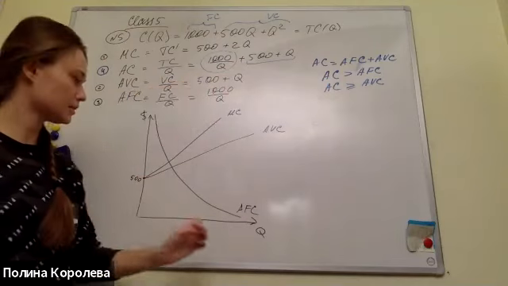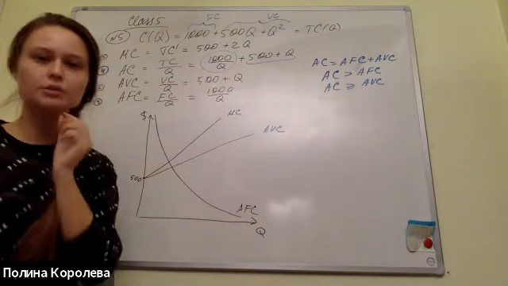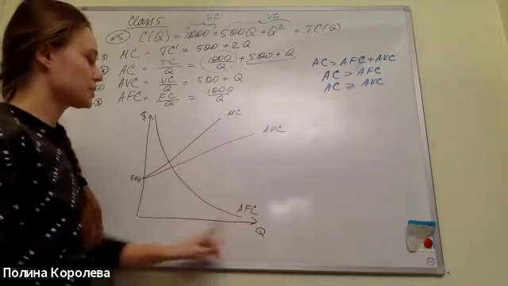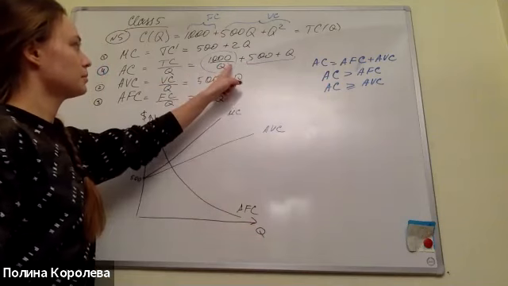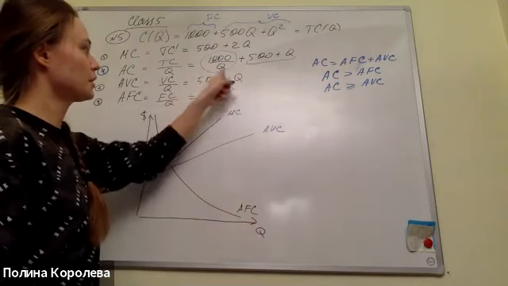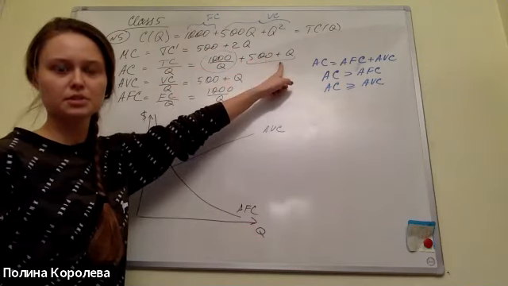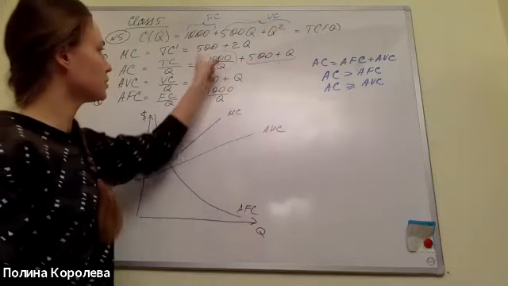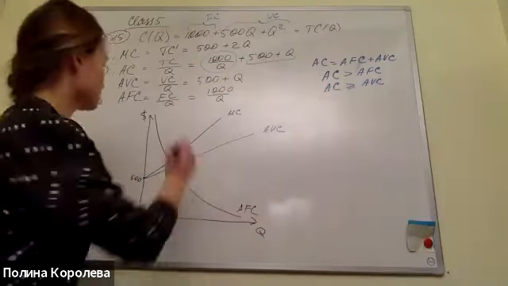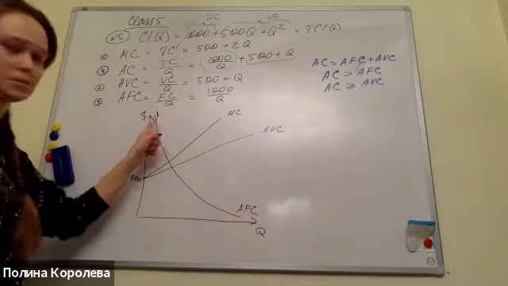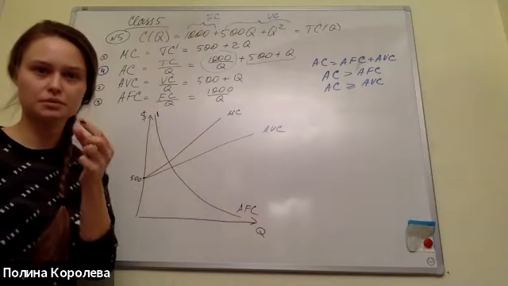Also consider this quantity very, very small and very, very big. If quantity is very small, almost 0, we will have infinity plus something positive. So we start from infinity, but higher than average variable cost because we add something positive.